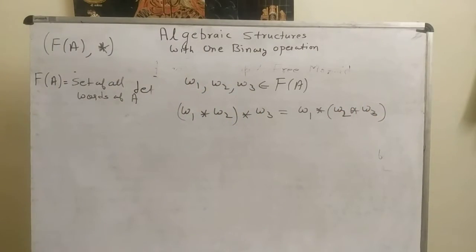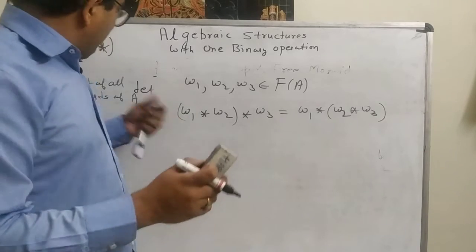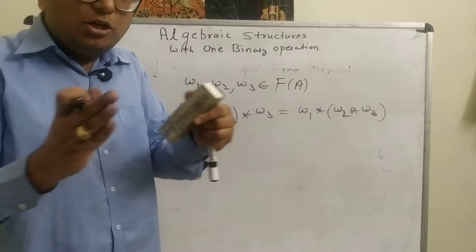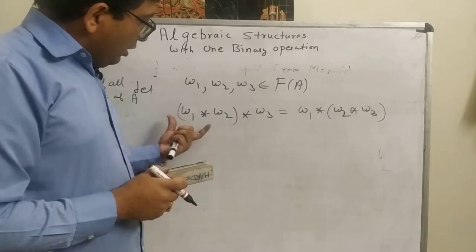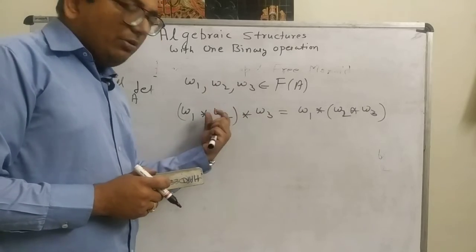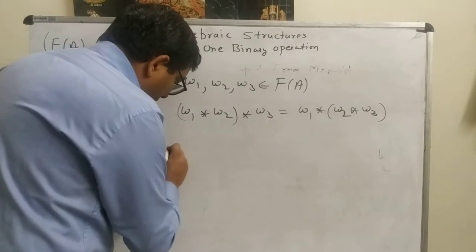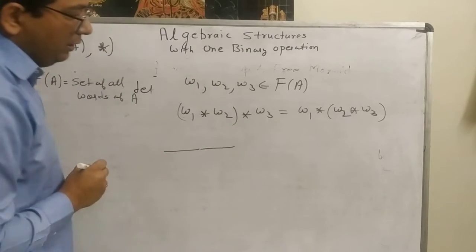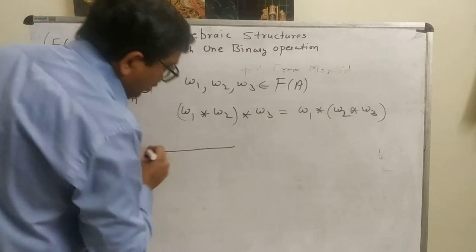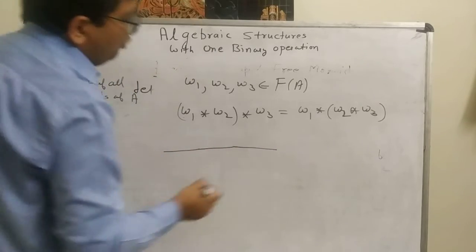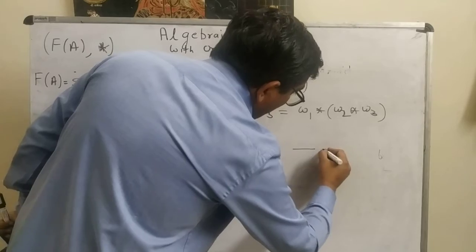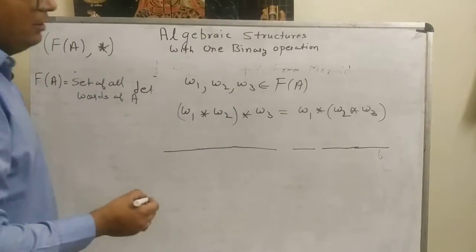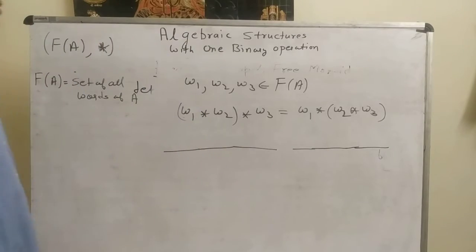And this is obvious, because in concatenation we are just combining sequences of elements. First W1 and W2 are combined and then combined with W3, or first W2 and W3 are combined and then the result is combined with W1.